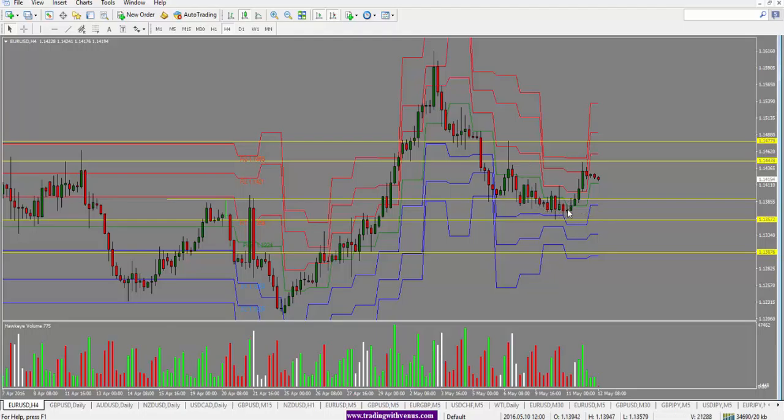Looking at the 4-hour chart, this is the level that we are looking for the price to come back and test. So the move would be for price to push down and then push back up, 1450 being the first target, and then 1.1480 being the second target, which is the top of the pin here. So that's what we're looking for tomorrow.